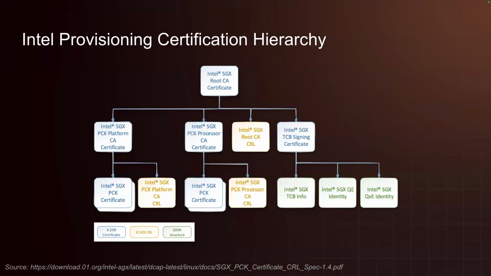One interesting thing is that part of the collaterals also include the current TCB info for my quoting enclave or my provisioning enclave. So you might be asking again, what is this TCB info?